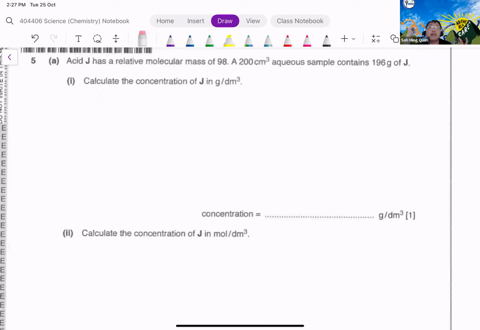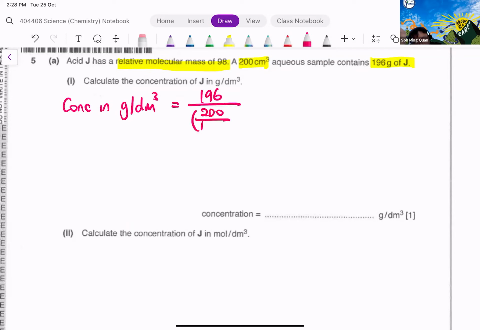Now, actually, they have given you a lot of info already. They've given you the relative molecular mass of 98. So the Mr is 98. They have given you 200 cm cube, 196 grams of J. So first, to calculate concentration in gram per dm cube, all you need to do is take 196 divide by 200 cm cube.